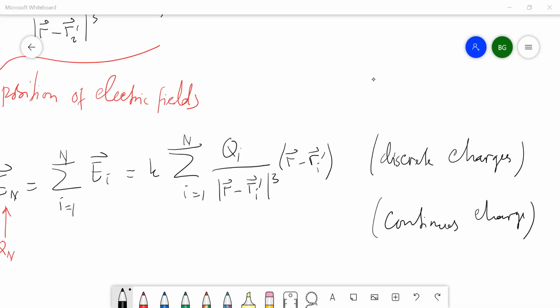Ahmad Rishad Tohir. Hello, sir. Can you hear me? Which one is more physical, discrete charges or continuous charges? I think it's the discrete one. Why? Wait a moment.